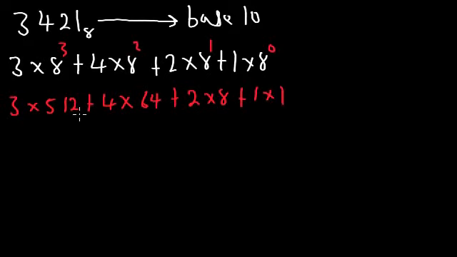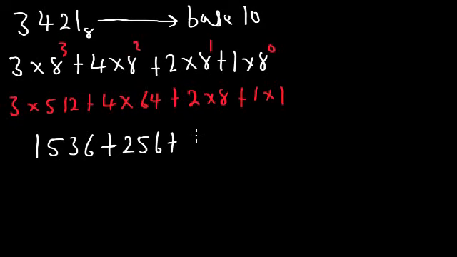So that should be 3 times 512. That results in 1,536. So I have 1,536 plus 4 times 64. 4 times 64 is 256. Plus 2 times 8, that's 16, plus 1 times 1.